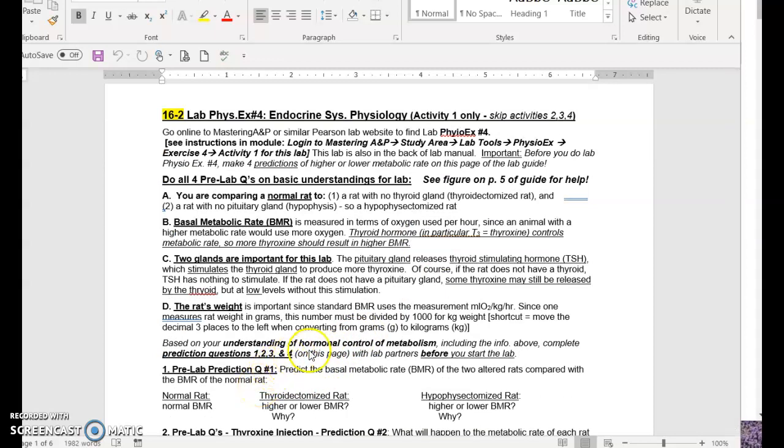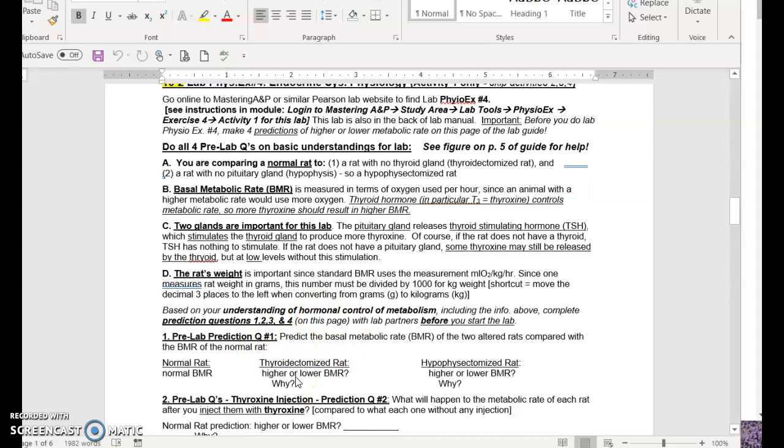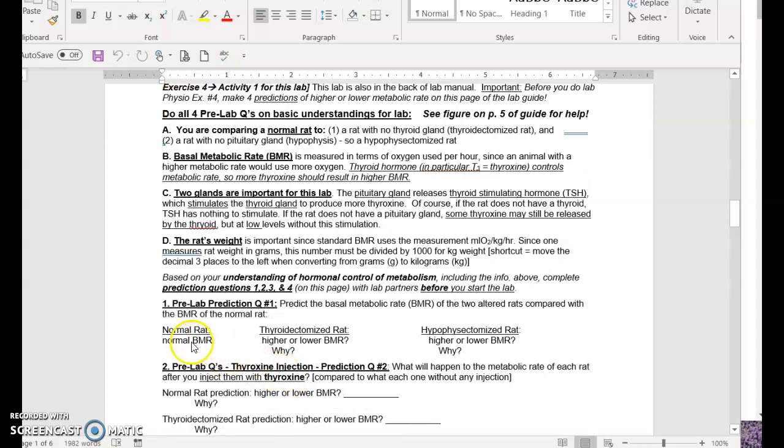Now, all the Physio-EX labs have these pre-lab prediction questions. So basically, if you know that the thyroid gland controls the metabolic rate, the basal metabolic rate of the rat, if you remove the thyroid gland, what do you think is going to happen to basal metabolic rate? Hopefully you said it got lower.